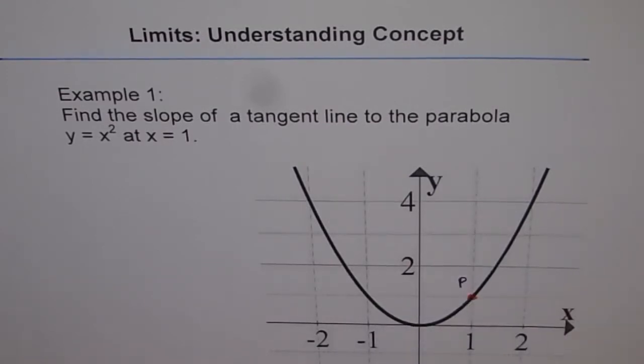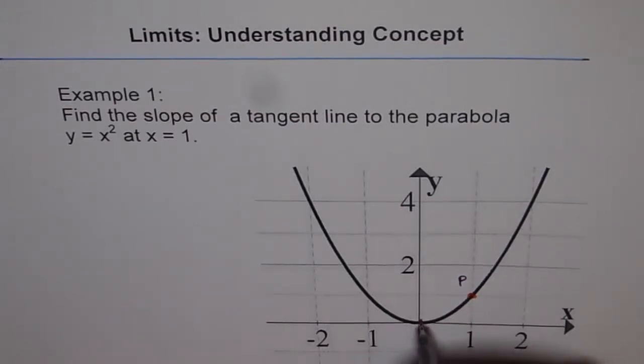Now, to find the slope of a tangent line, we need 2 points, but we are only given 1 point. How do we get the other? As we saw in the previous video, we can take some other point on the curve.